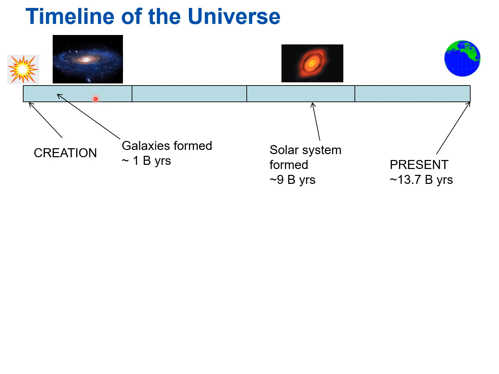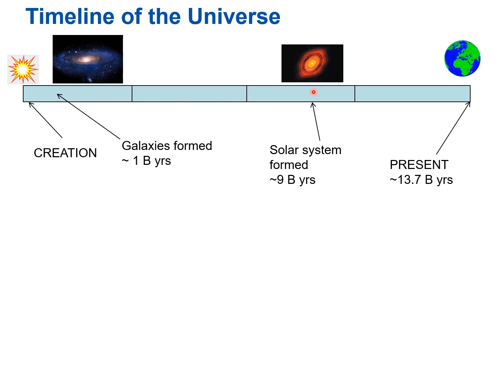And I want you to see as we're going along the timeline, we're still far to the left right here. So very, very early on in the universe, galaxies, including our own, formed. And then many, many billions of years went by, and our solar system formed about 4.5 billion years ago, which means when the universe was about 9 billion years old. And you look at that huge gap between the creation of the universe, creation of our galaxies, how much time went by before our solar system formed.